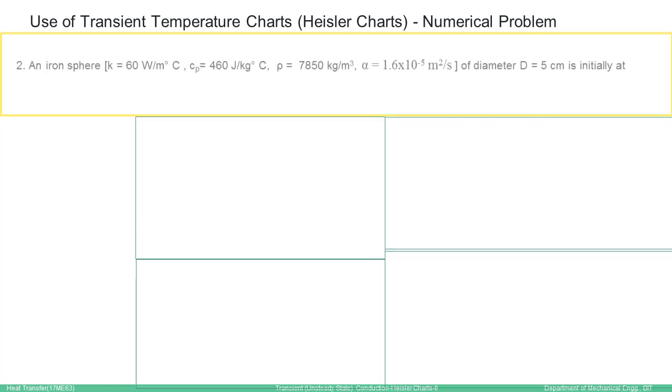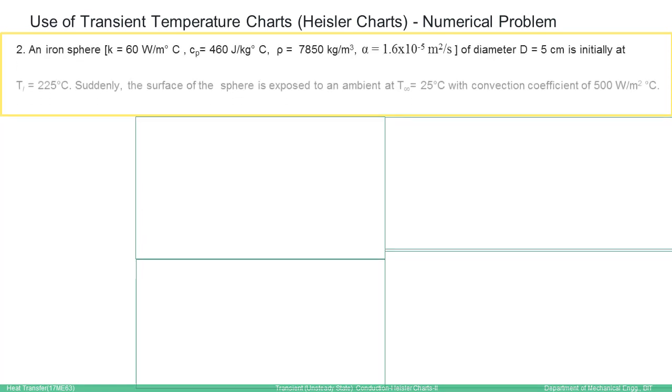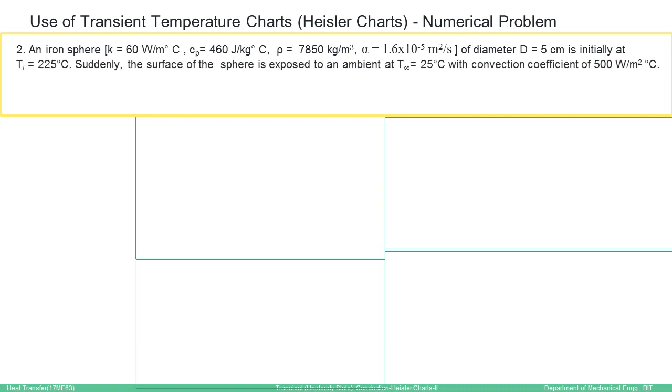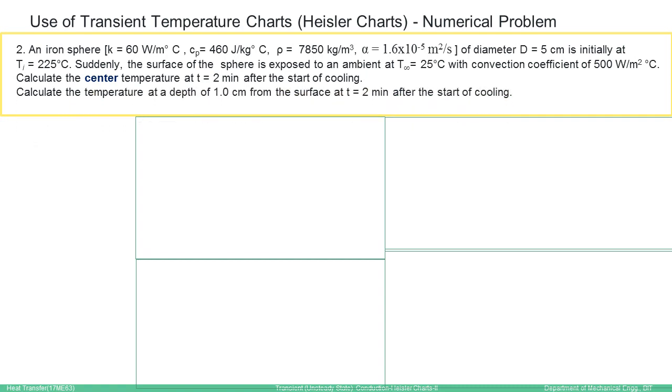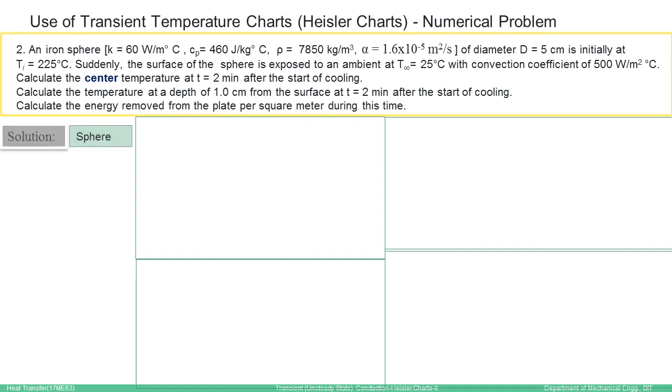The next problem is on a sphere. We have considered similar properties for the sake of brevity. Almost all the geometrical parameters, thermal properties, and temperature conditions are similar. But here we have considered a sphere wherein the diameter is specified as 5 centimeter.